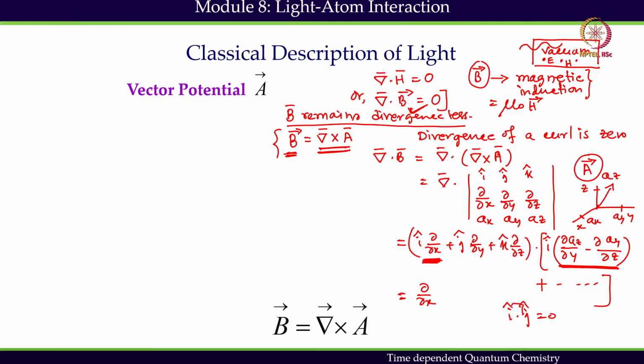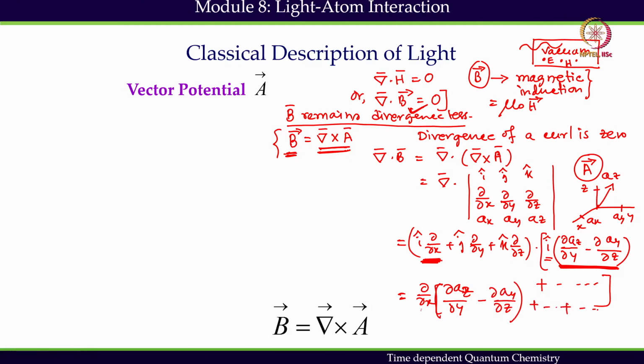So, other dot products will be 0. So, the only dot product which will exist is the one containing the same unit vector. So, it is nothing but del Az del y minus del Ay del z. So, what we see here, and plus other 2 terms, there are 2 terms.